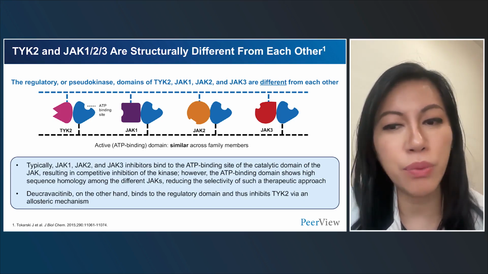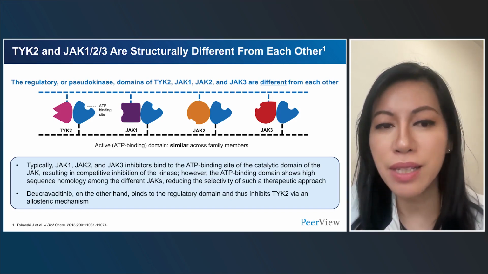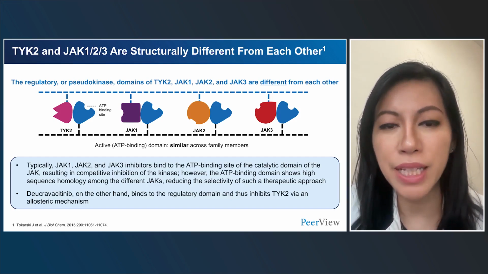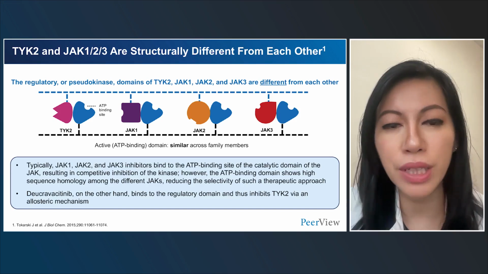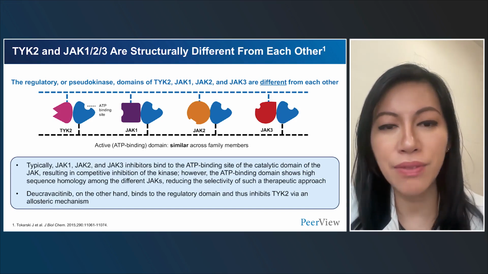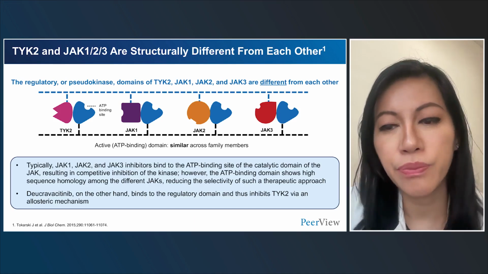So for example, when we're thinking about deucravacitinib, which is a TYK2 inhibitor, it doesn't bind to the ATP binding site. Rather, it binds to the regulatory domain. And because the regulatory domain structurally is more distinctive, deucravacitinib principally affects TYK2, while leaving the activities of JAK1, 2, and 3 alone.